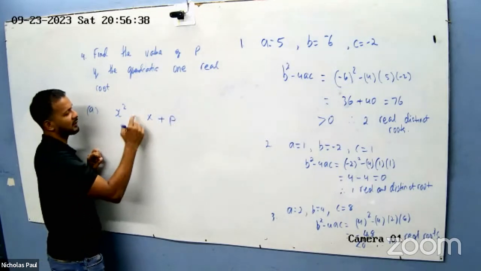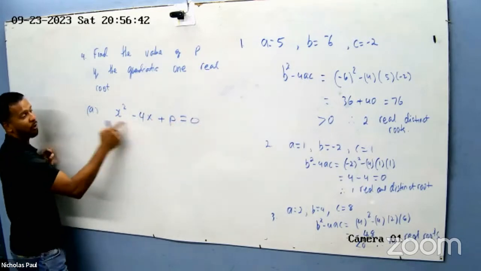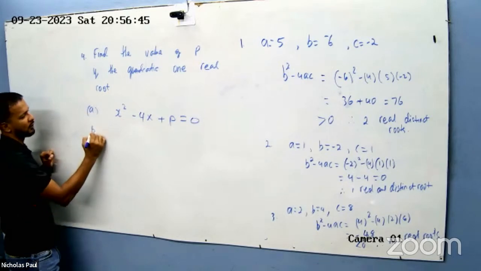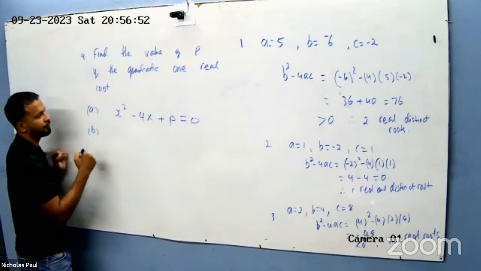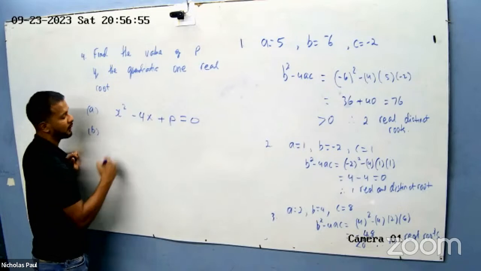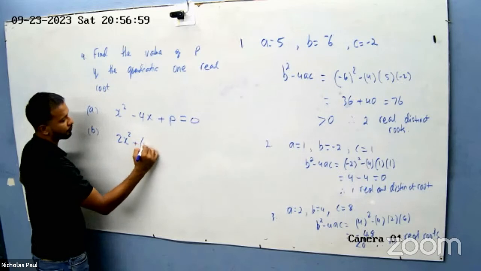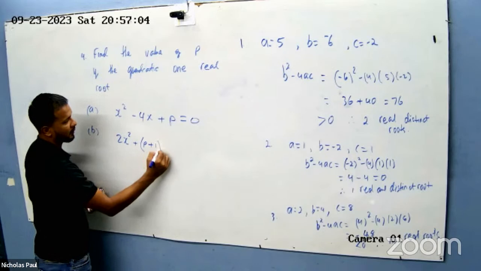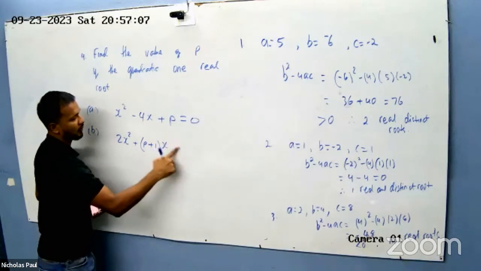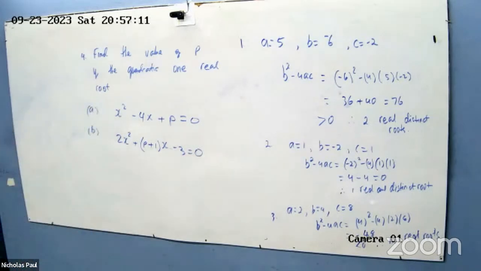All right, scrap that. 4x minus p is equal to 0. This quadratic only has one root. And I'm going to give you one more that's a little trickier. I hope it works out. All right, let's take a look at it.